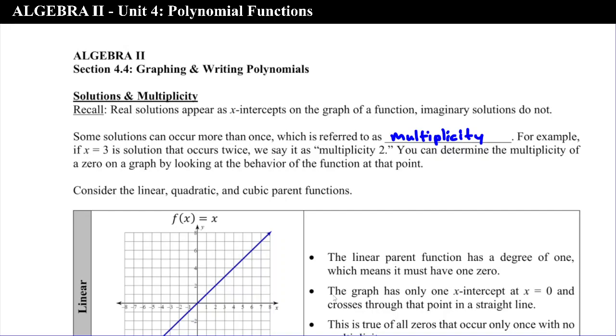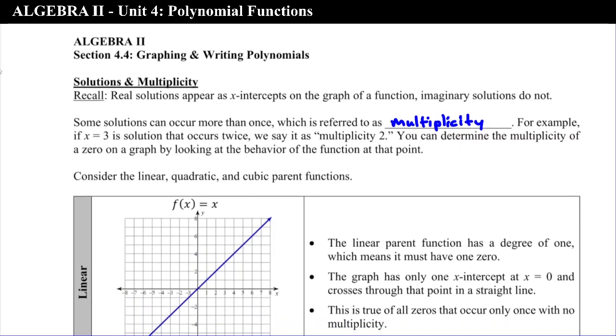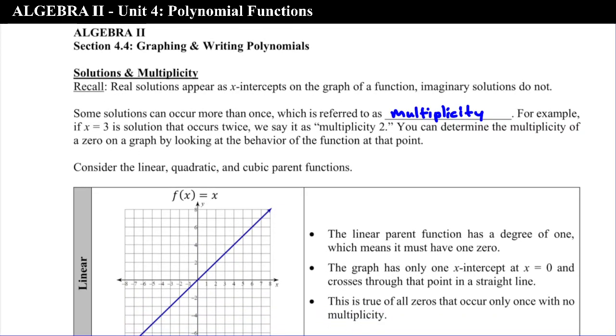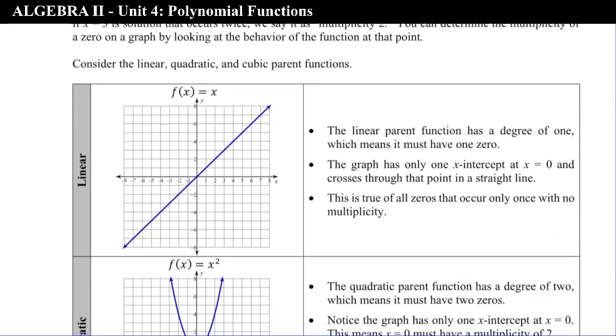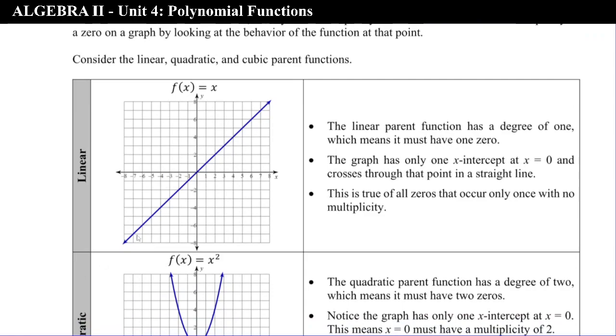So consider linear, quadratic, and cubic parent functions. So for a linear parent function, we have a straight line, okay?